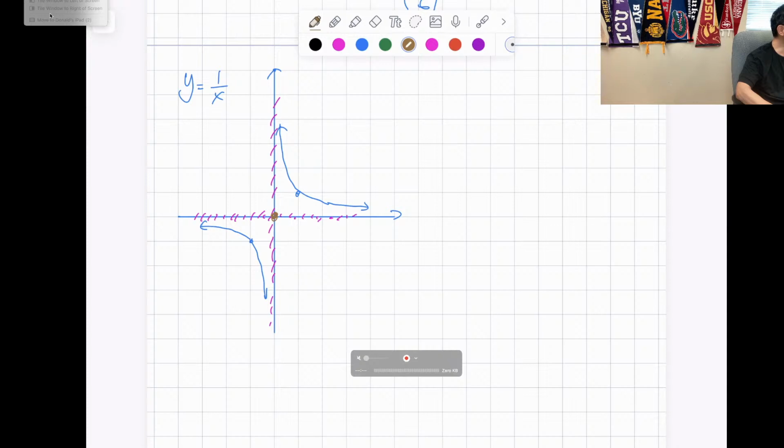On the last test, I put in a question that says, do you know how to graph negative 1 over x plus 2, minus 4? Can you graph this? Do you know how to graph this function? Yes? Good. So start by graphing that function for me and make sure you're all on the same track.